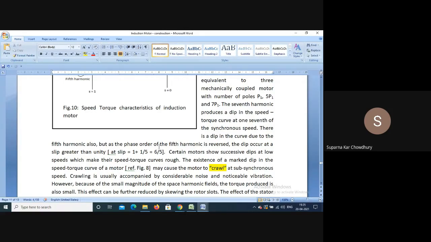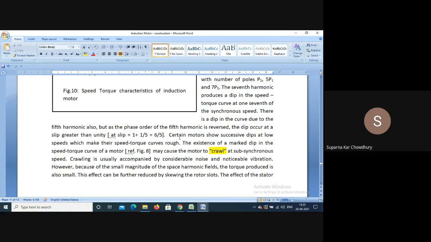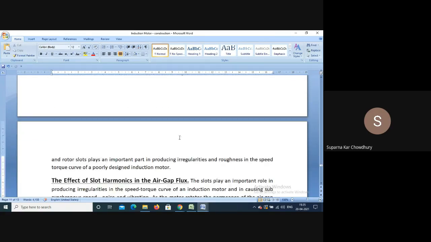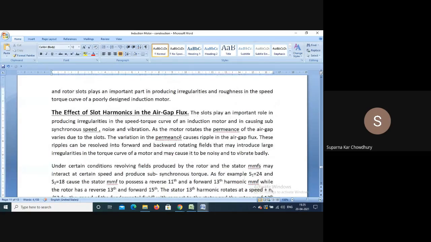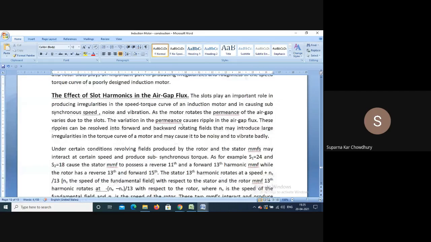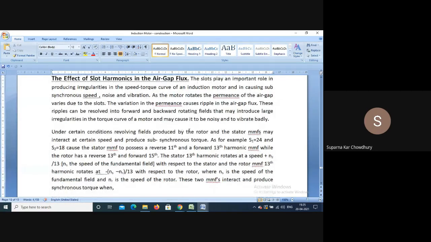But while designing, the designer should be careful about this phenomenon. Then there is another effect which is called cogging. Now this is the effect of slot harmonic in the air gap. What happens is both the stator and rotor are slotted, and both the structures are moving.